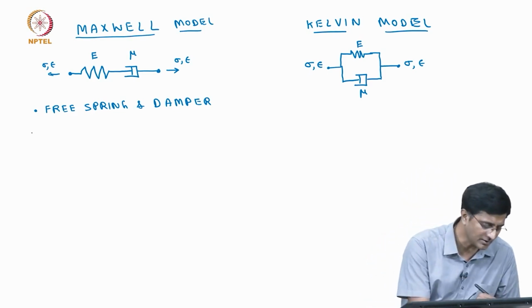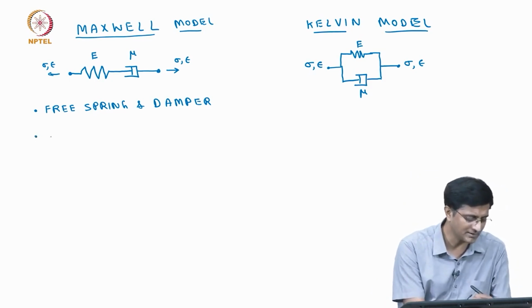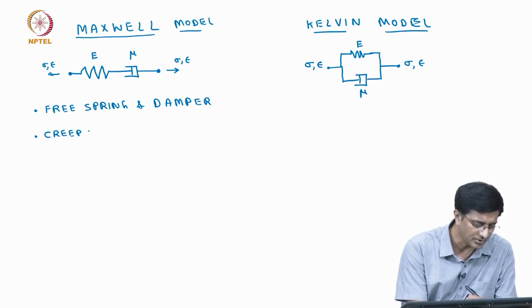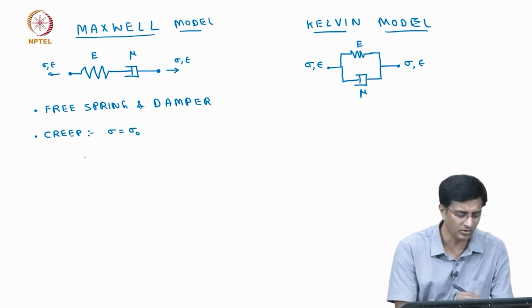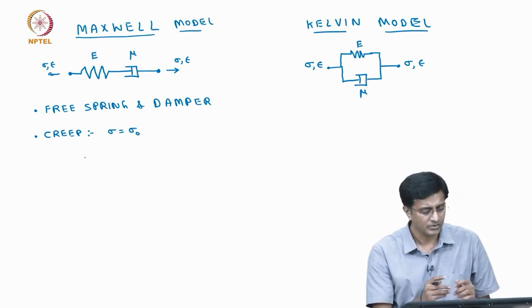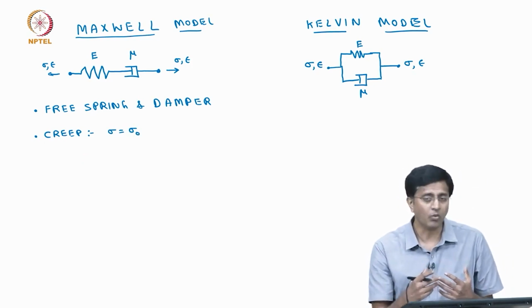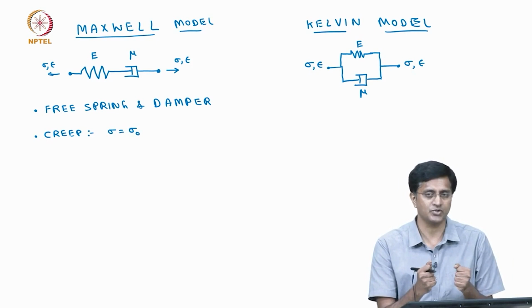So, let us understand with the creep and relaxation tests. Let us say we are discussing creep load. In a creep test, what is our input? We said the stress is simply constant, which is sigma naught. Okay. Now, you should be able to think and answer what the initial response is.